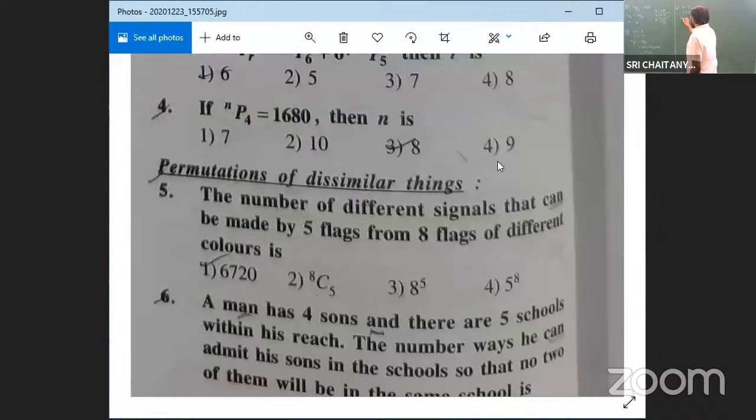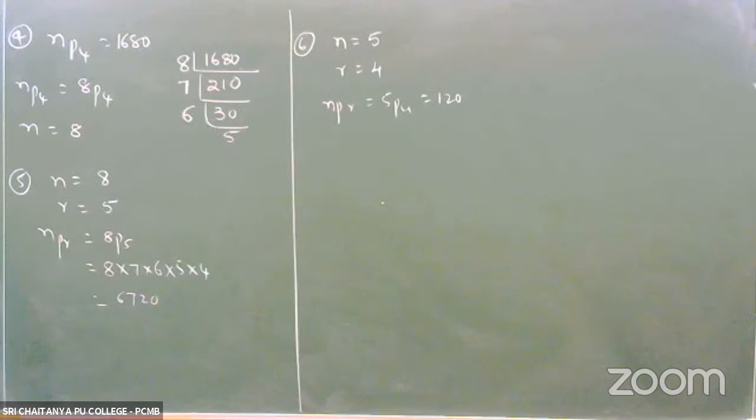The nPr value is equal to 5P4, which is equal to 5 into 4 into 3 into 2, right? Which is equal to 120. Understood? Now copy these 3. After copying this, let us go to the 7th problem.